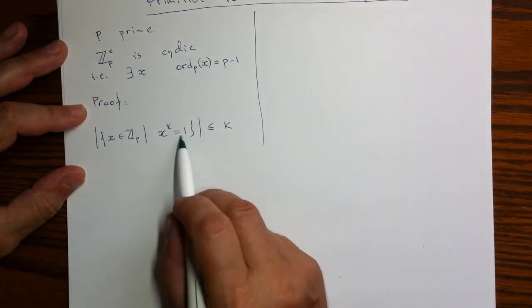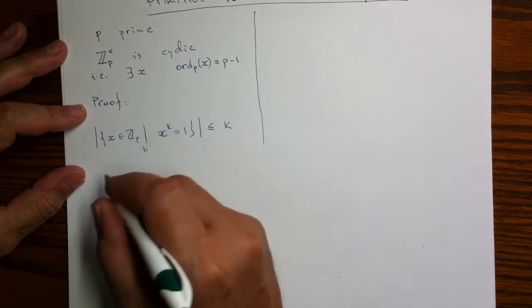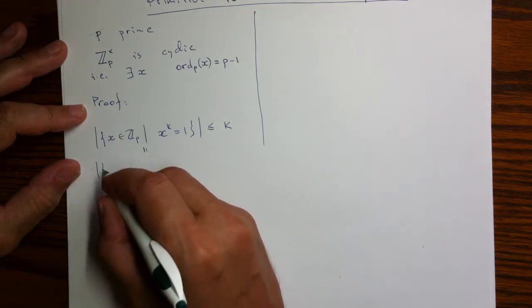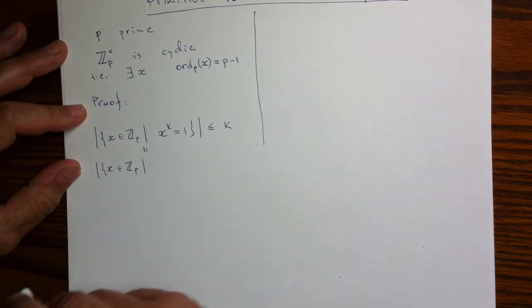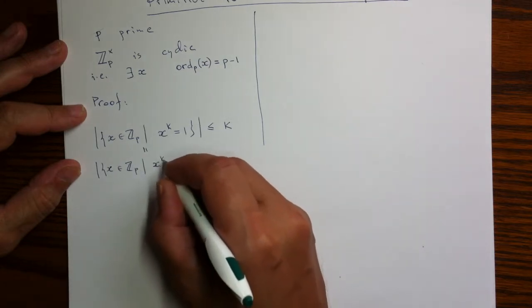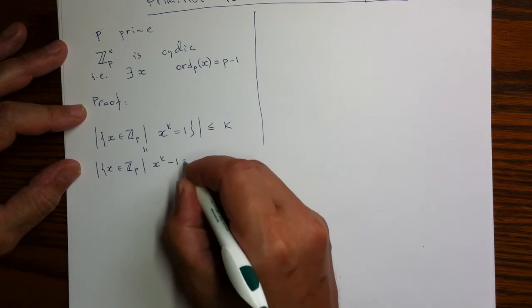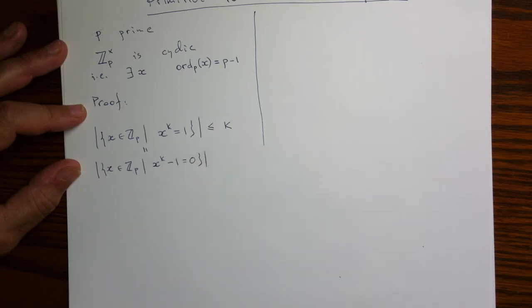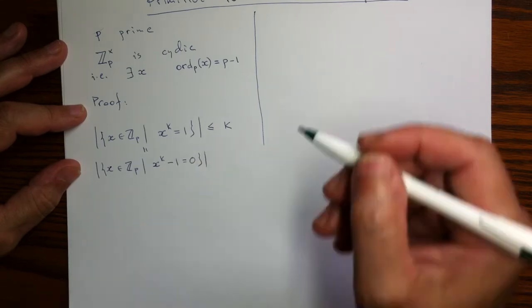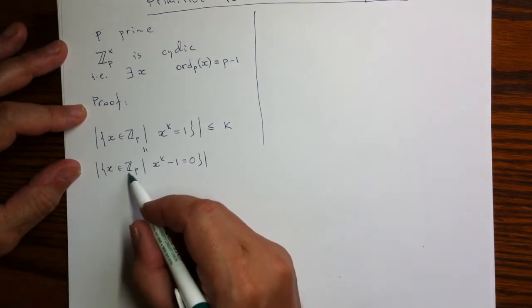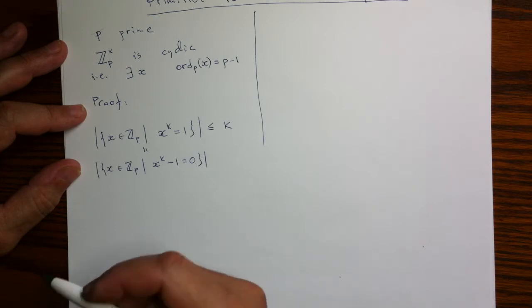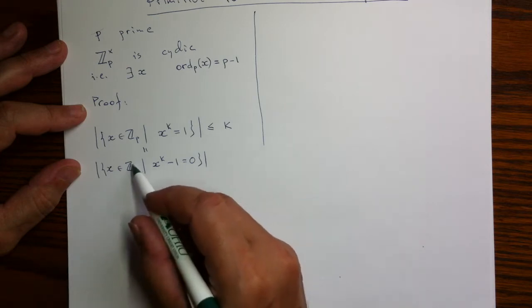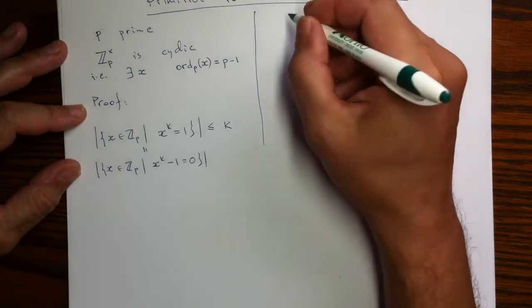So we have to really look at this set as a set of polynomial solutions, roots of a polynomial computed in integers mod p, and the polynomial, of course, is x to the k minus 1. And the key fact here is that p is a prime, and that the integers mod p form a field.